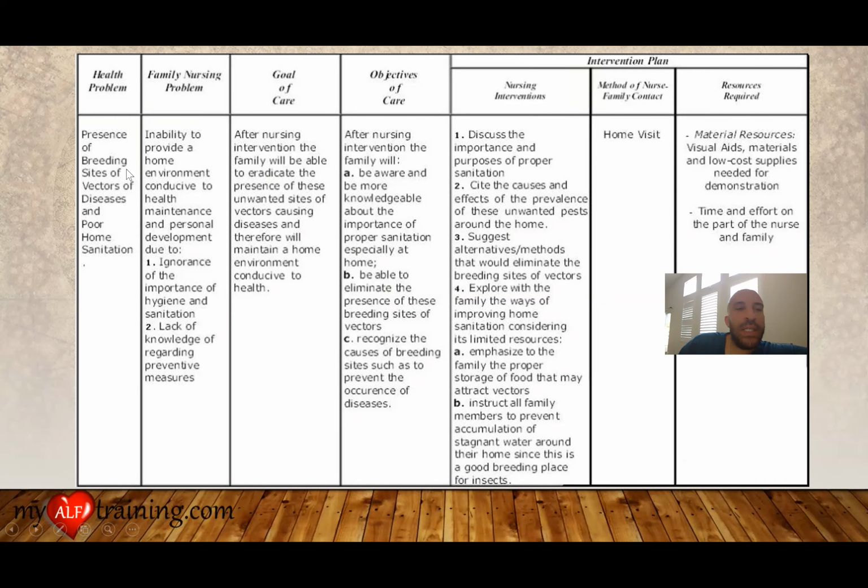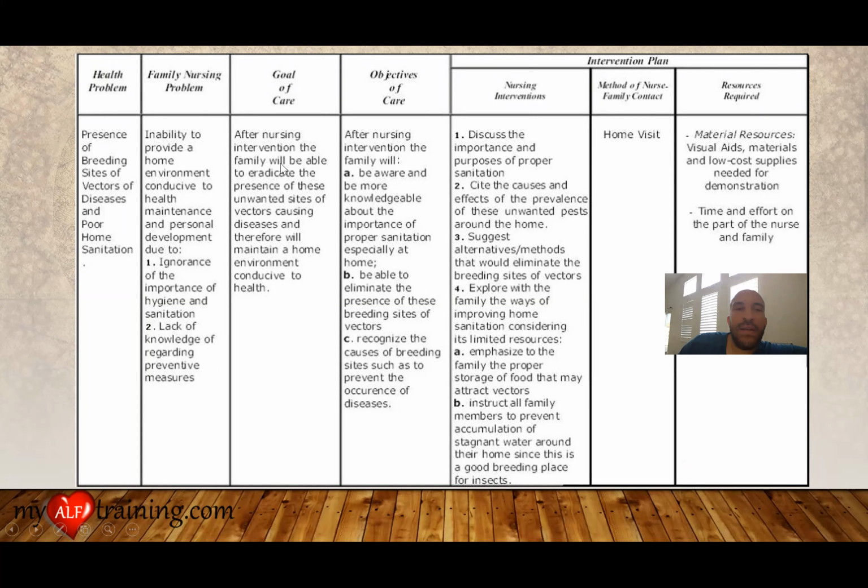So here, this patient has a presence of bleeding from some skin issues, from poor home cleaning, so some infection. The family nursing problem: inability to provide a home environment conducive to health maintenance. Specifically, ignorance of the importance of hygiene and lack of knowledge.